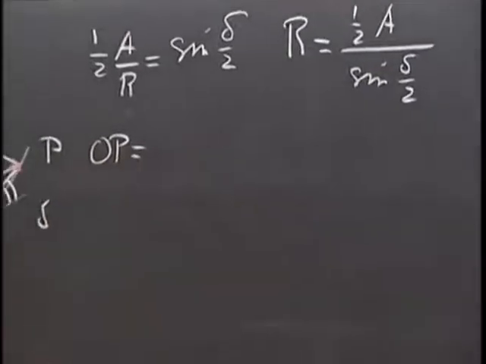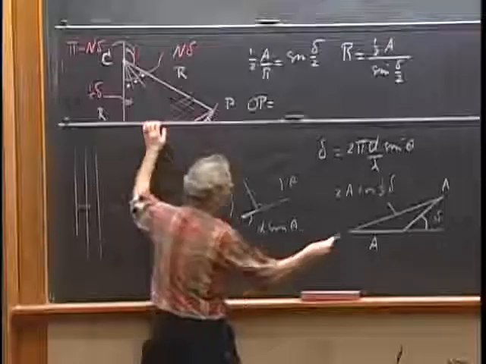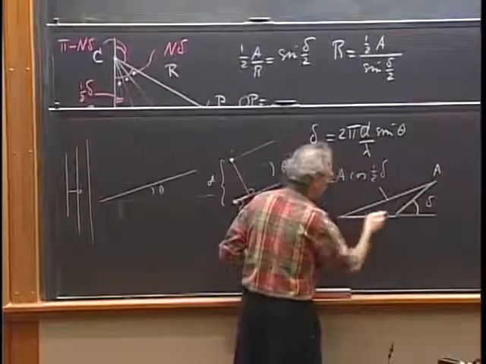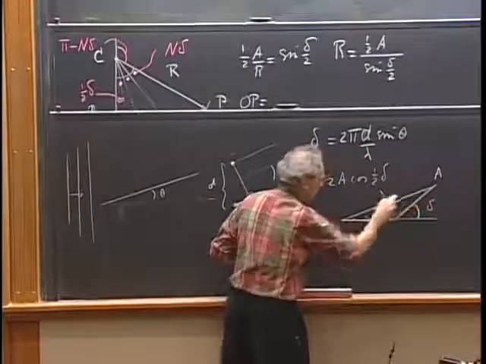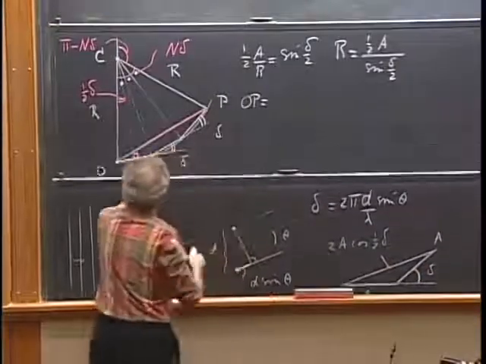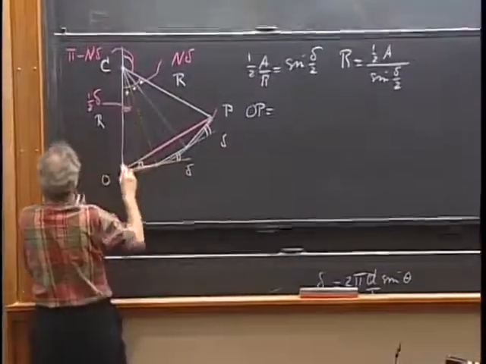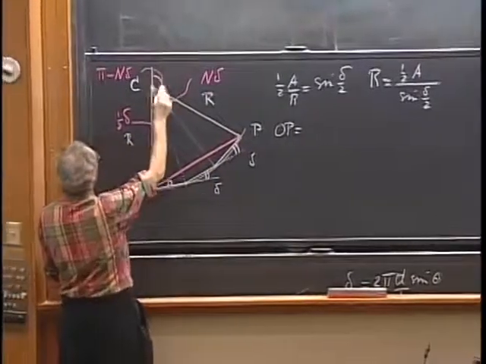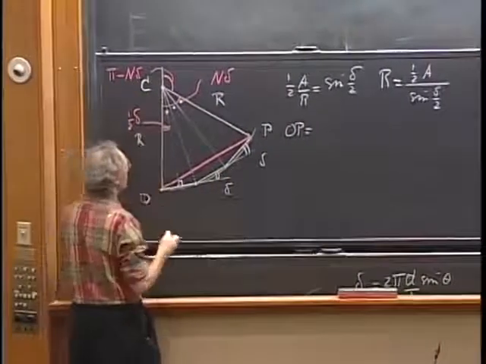And now I'm going to use this knowledge. I have a triangle. I know two sides, and I know this angle. Then I can calculate this one. I know two sides. This is R, and this is R. I want to know the third side, and I know this angle, which is pi minus n delta.